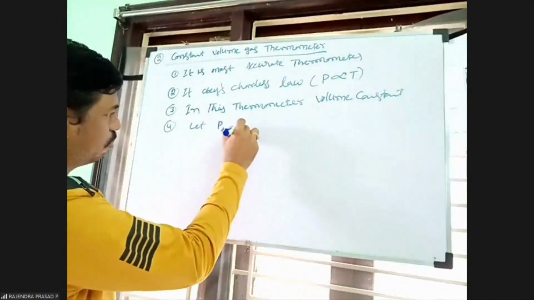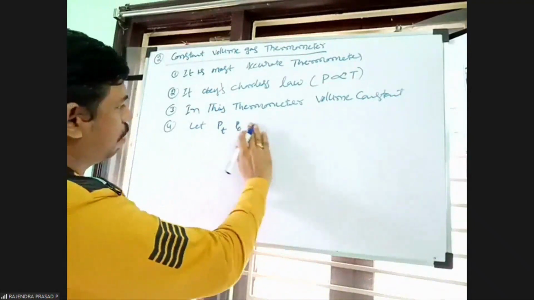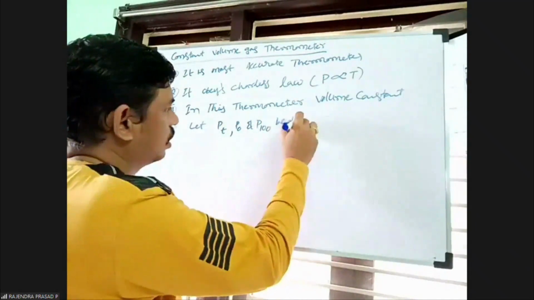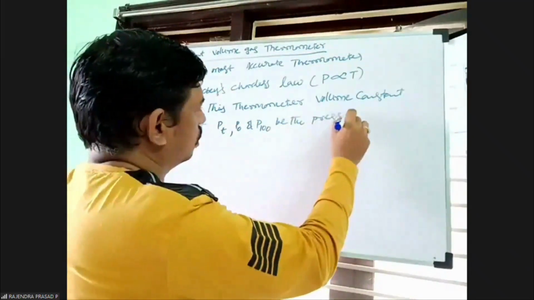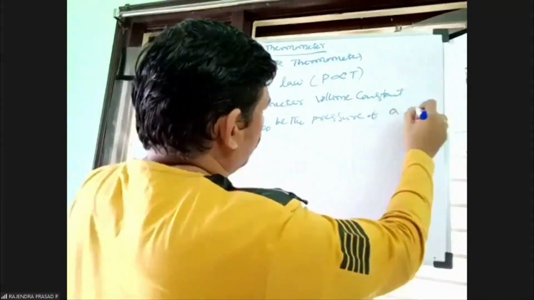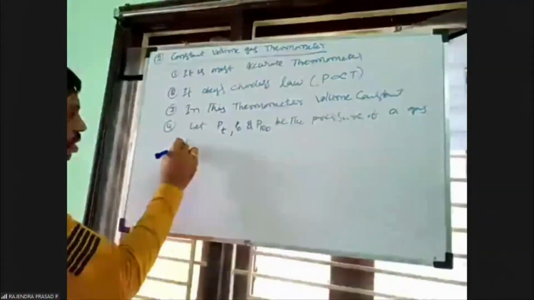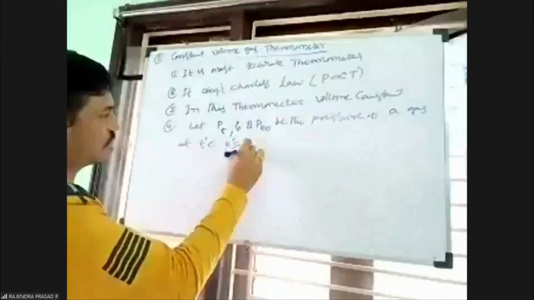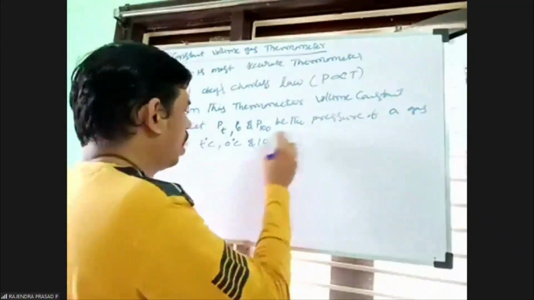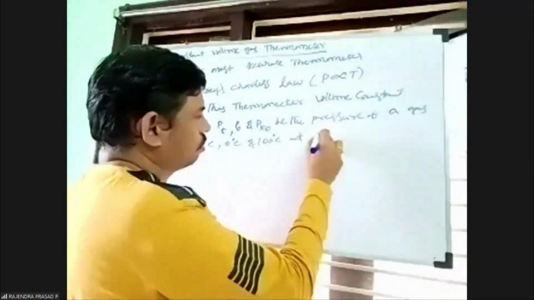Let PT, P0 and P100 be the pressure of a gas at T degree C, 0 degree C and 100 degree C at constant volume.